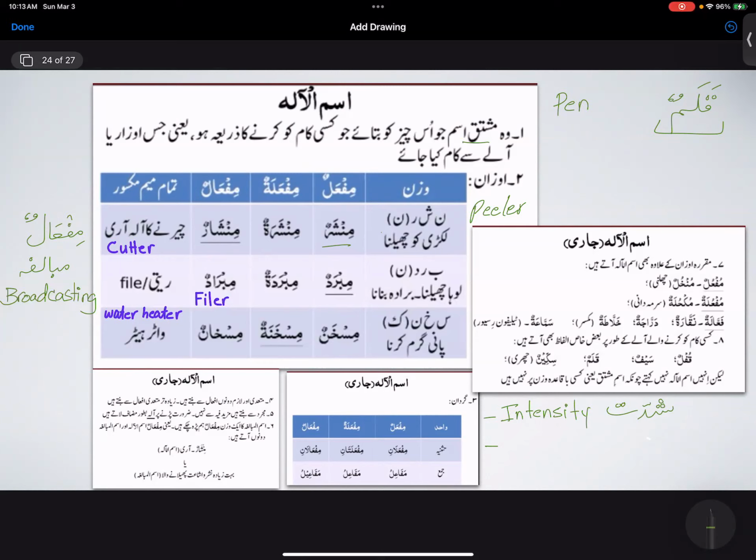And then kasra means in abundance. So shiddat and kasra together is mubalagha. So the action is happening over and over and over, and it has abundance.